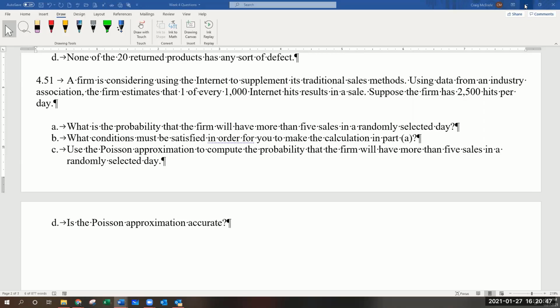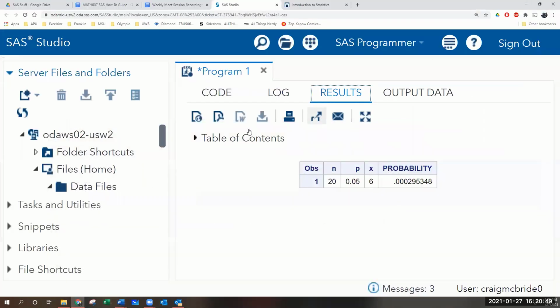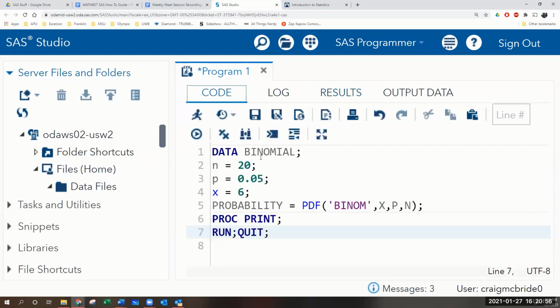Okay, so we're using it as a binomial. Our sample size is 2,500. Our probability is 1 out of 1,000, so 0.001. And we want the probability of more than 5.